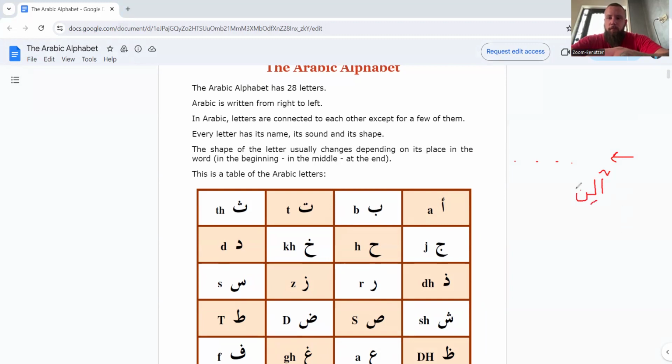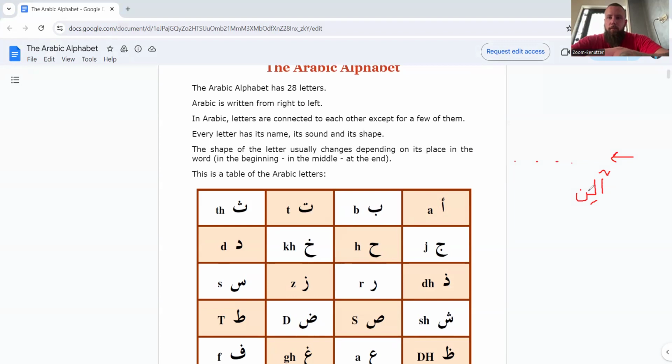So we move from right to left, and all the letters are connected except for 6 of them. For example, this Alif, the first letter, is not connected to the next one from the left side. It is one among 6 letters that are not connected to the left. Okay?